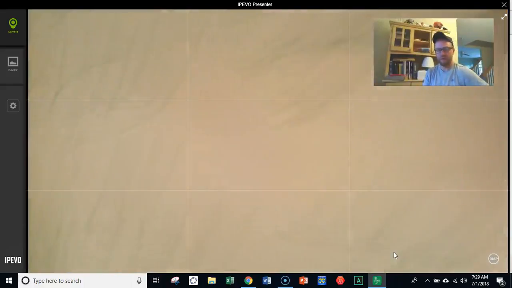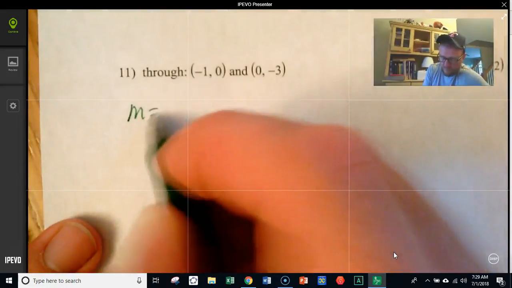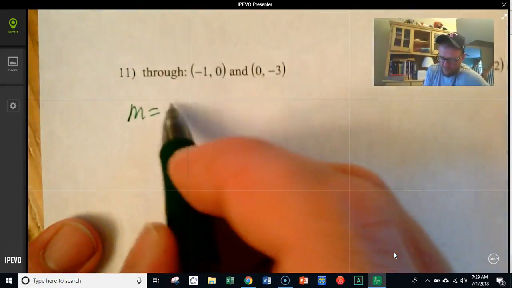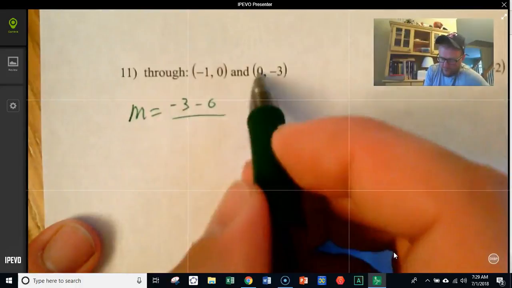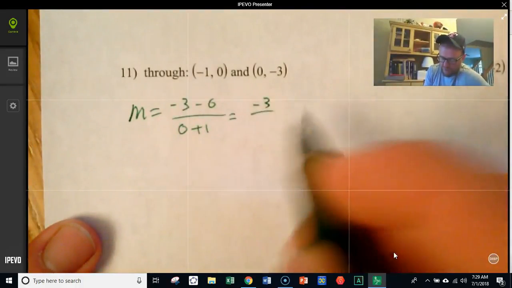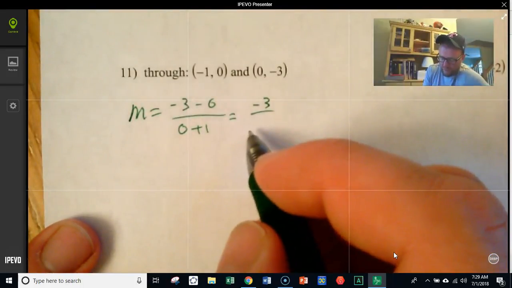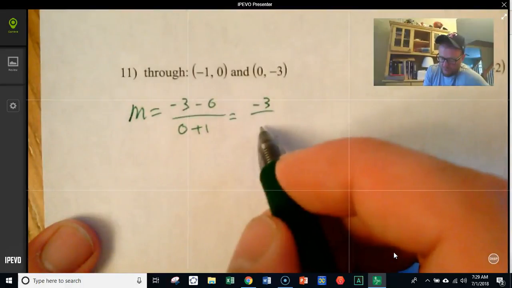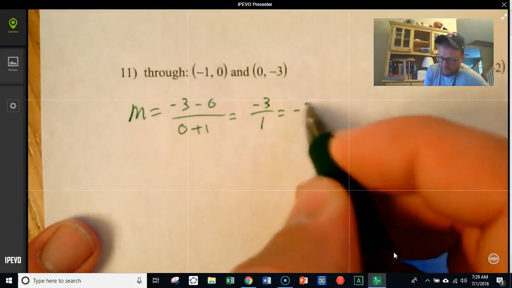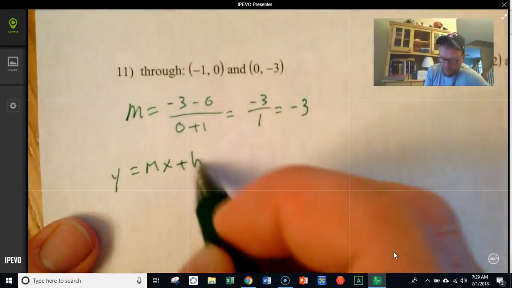Okay. A couple more here. M equals negative 3 minus 0, and 0 minus negative 1, which is the same as 0 plus 1. So that's negative 3 over 1, which is negative 3. So y equals mx plus b.